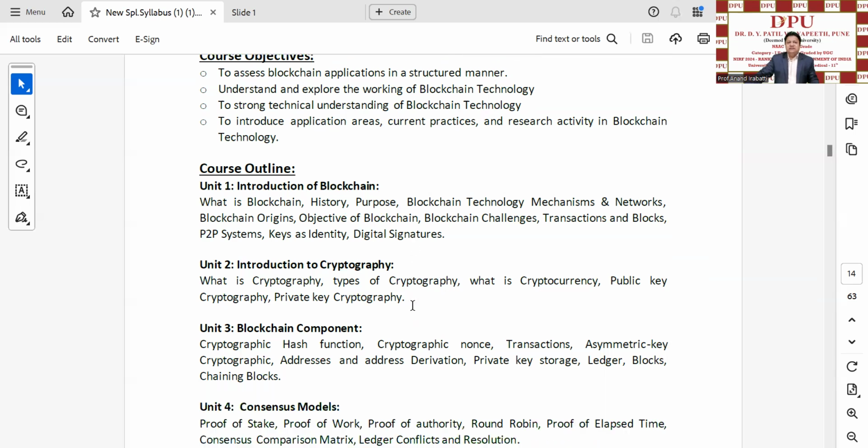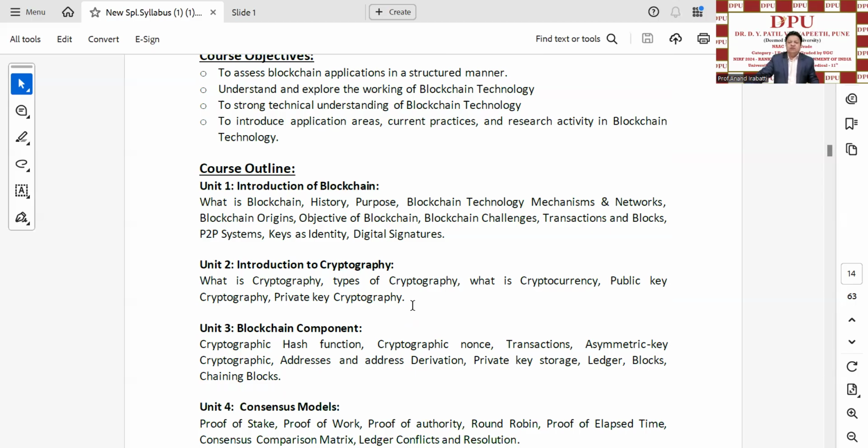The second unit is Introduction to Cryptography. Like I said, cryptography is the concept that works behind the blockchain technology. We can say that blockchain technology is built on the basis of cryptography.